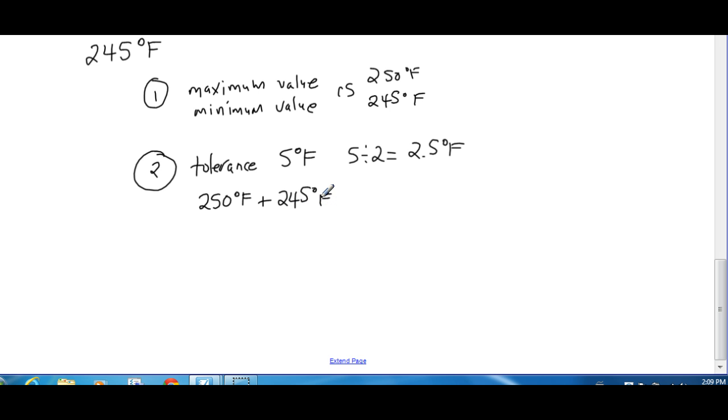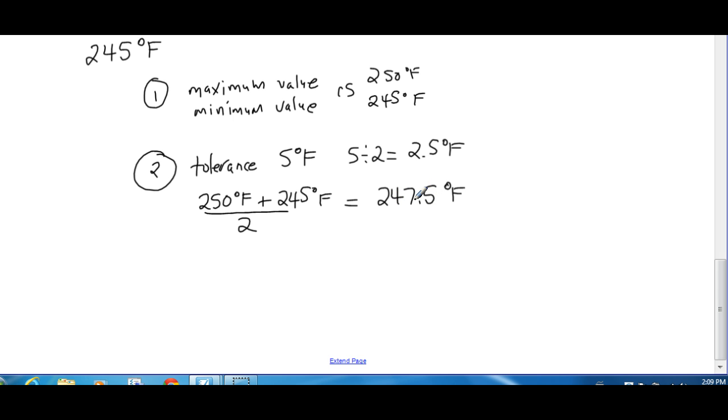This is how we find the nominal value. The nominal value is just the halfway point. And if we add those two together and divide by 2, we're going to get a temperature of 247.5 degrees Fahrenheit.